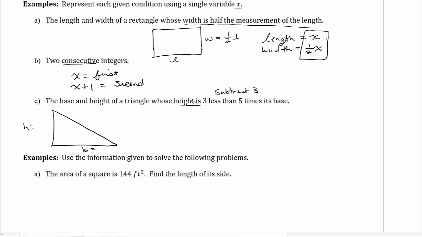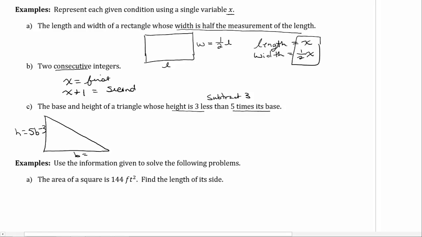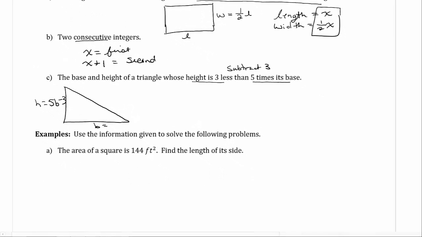It's always going to be subtracted from whatever comes next, and it's 5 times the base. So it's going to be 5 times base minus that 3. So that's 3 less than 5 times the base. We're going to let the base be equal to x. So the height then would be 5x minus 3, and the base would be our value x.